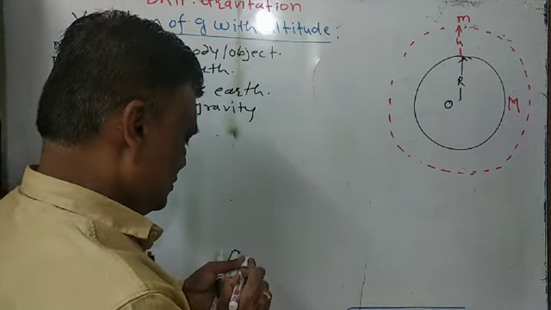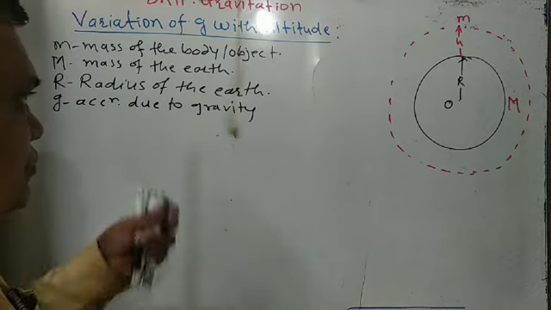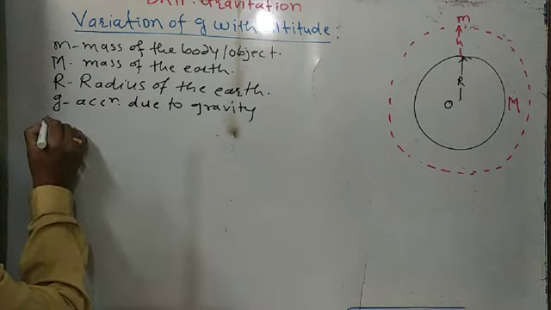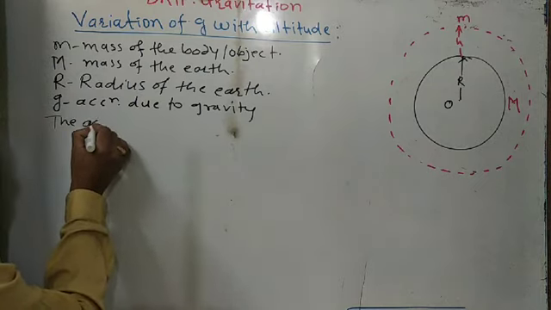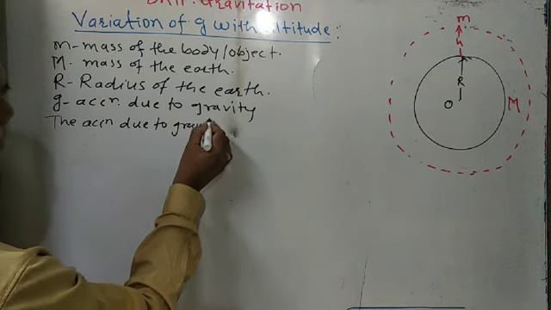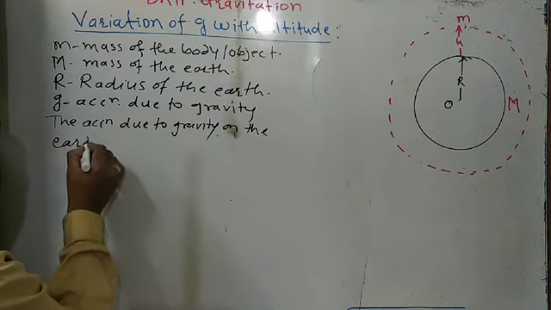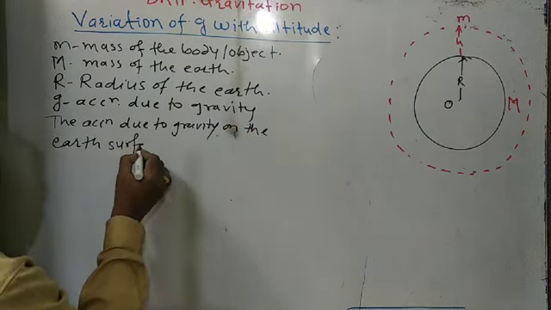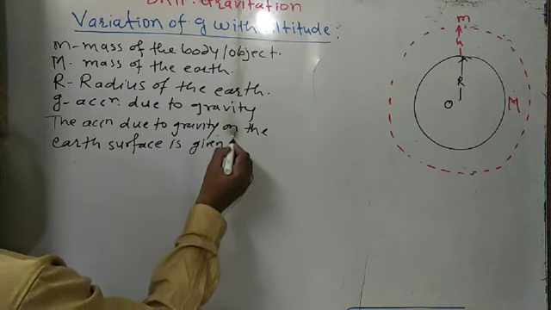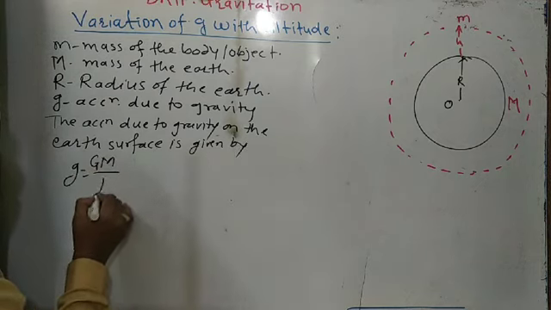Here we have already studied in the previous lecture that the acceleration due to gravity on the earth's surface is given by g equals GM upon R square.